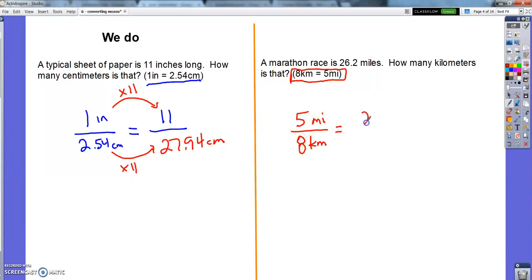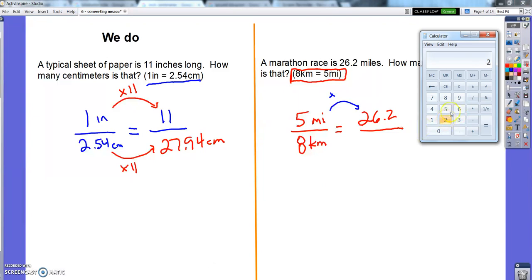So for the marathon, we know the mileage is 26 and 2 tenths. We want to know how many kilometers that is. There's more miles than kilometers, so it's going to be more than this. I don't know how to multiply 5 to get that, so I've got to figure it out. It looks like a little more than 5.